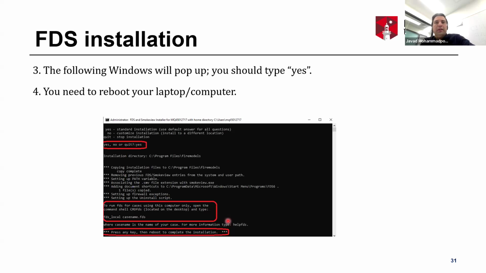In the process of the installation, you may see this window pop up, and you should type yes here. It means the standard installation, using the default setting for all questions. Please type yes.